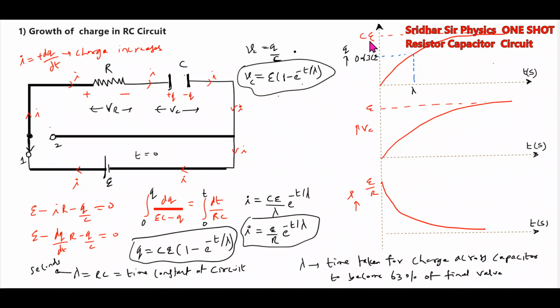What is the final value? The final value is CE. Okay, agreed? So this is how we define the time constant.